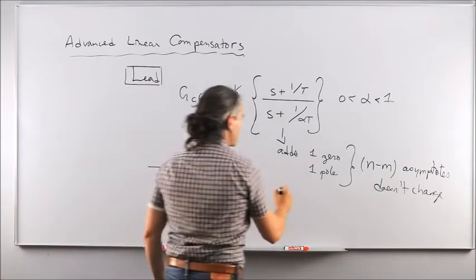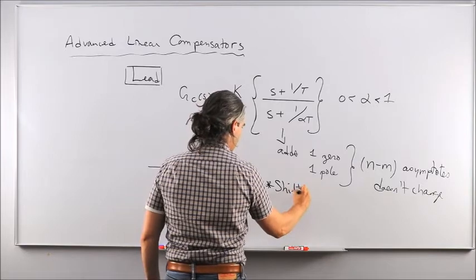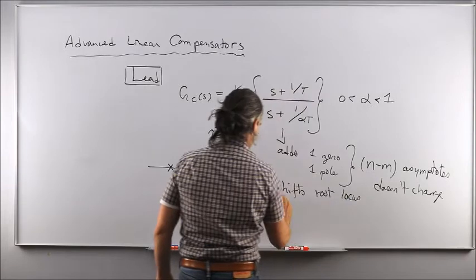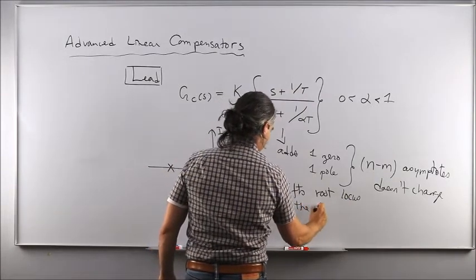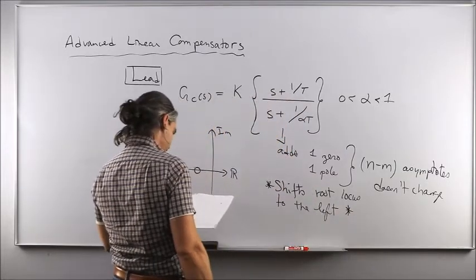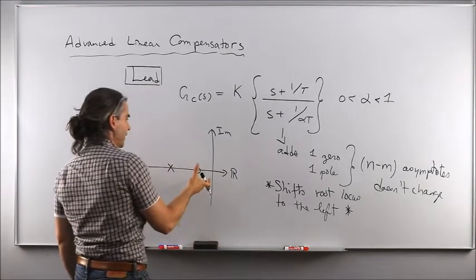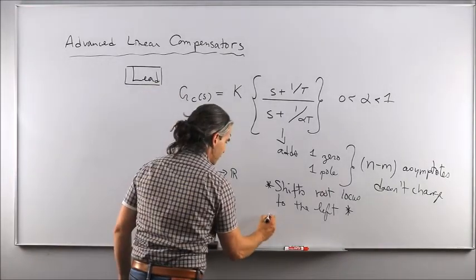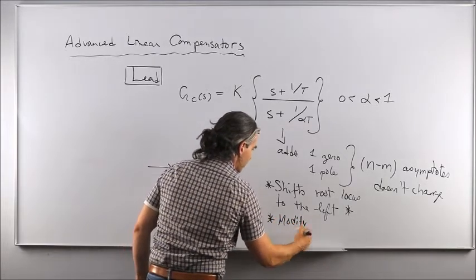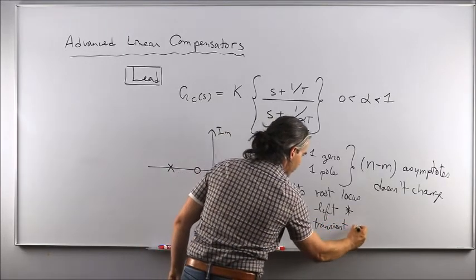Okay? I'm going to say it is going to shift the root locus to the left, or help in terms of stability. Doing so implies that we're going to modify, obviously, our transient performance.